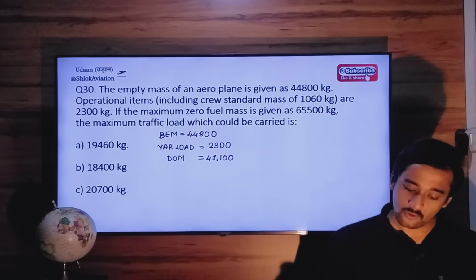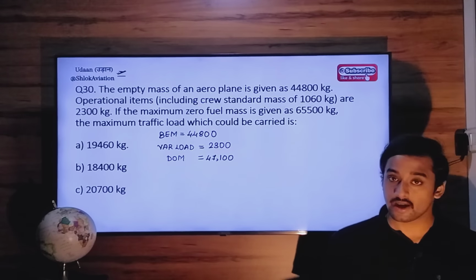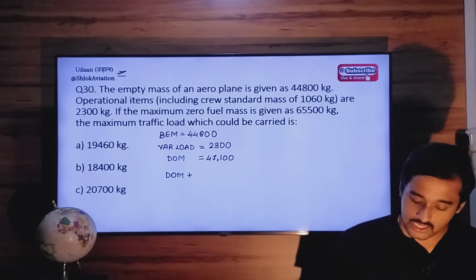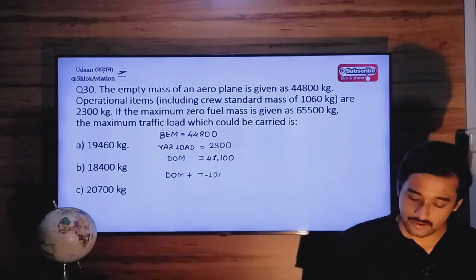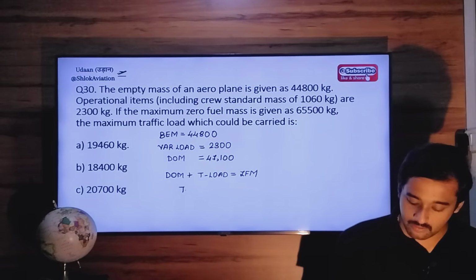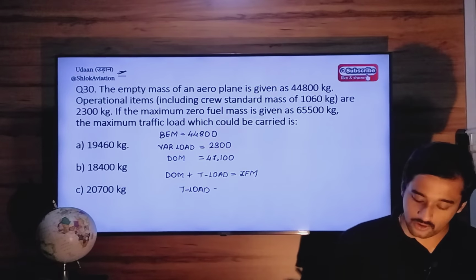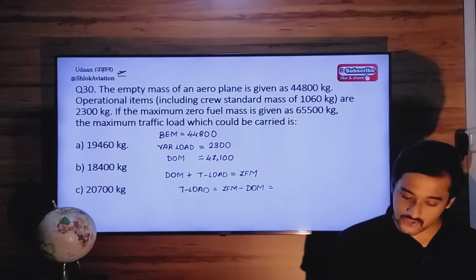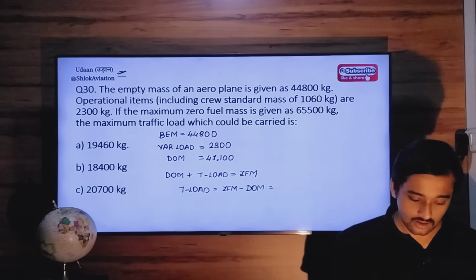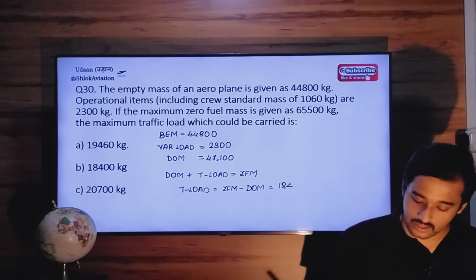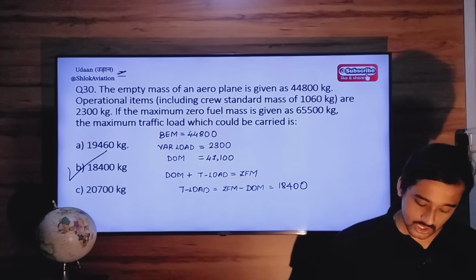Next, zero fuel mass is given. What is traffic load? Dry operating mass plus traffic load is equal to zero fuel mass. So traffic load will be zero fuel mass minus DOM. So 65,500 minus 47,100 is 18,400. So the correct answer is option Bravo.